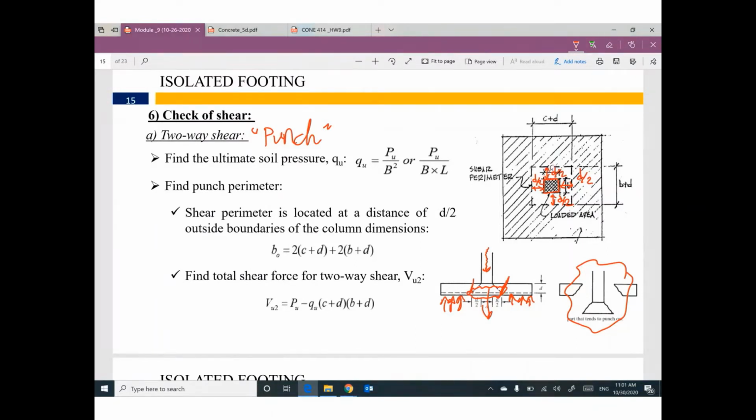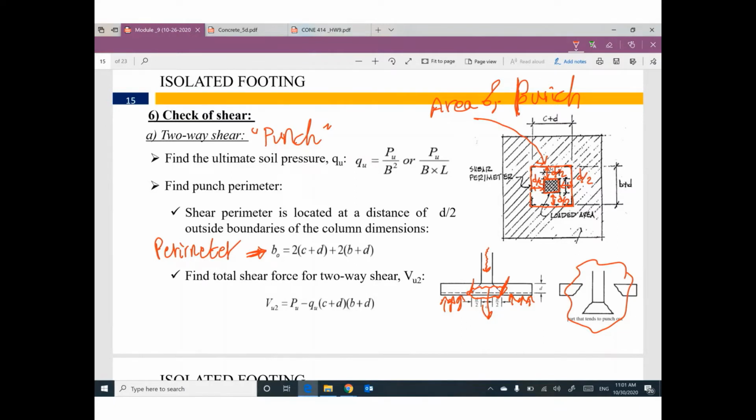Once you extend your area d divided by 2 from each side, I will construct a new area. This area can be called area of punch. We need to figure out the perimeter for this area, and the area of this area of punch.